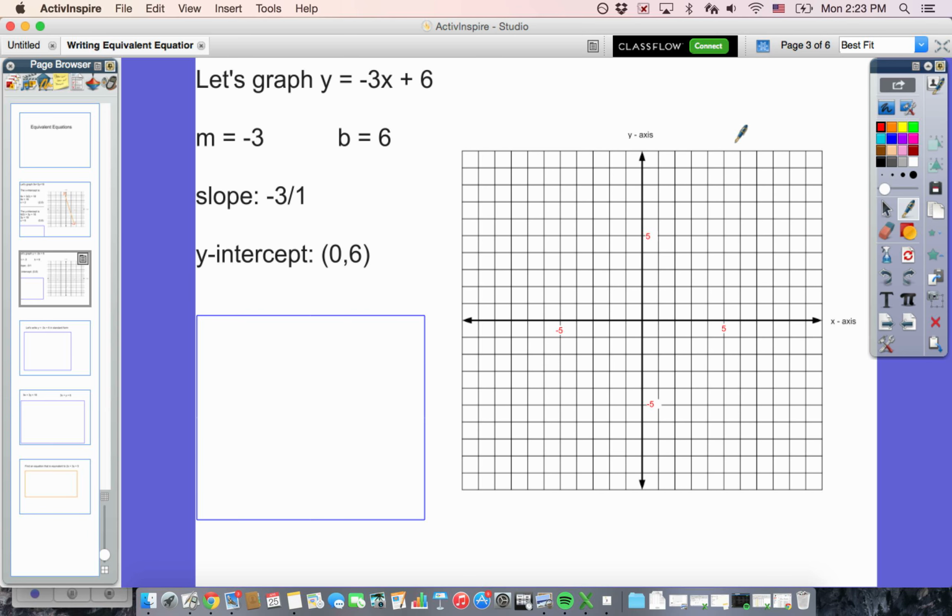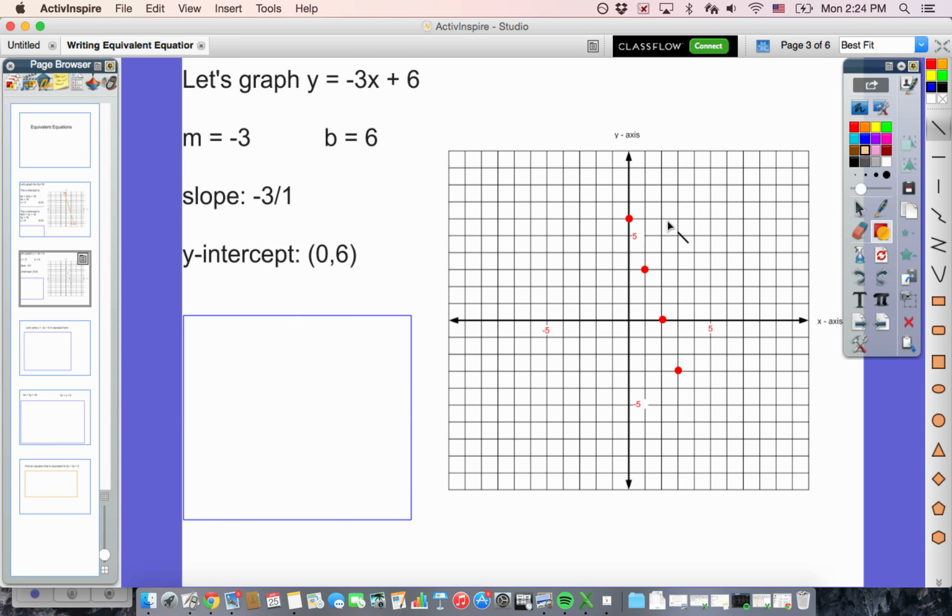First we plot our y-intercept, (0, 6), and then we plot our next point using the slope: down 3 for every 1 that x increases, and so on. Now let's draw a line through those points.